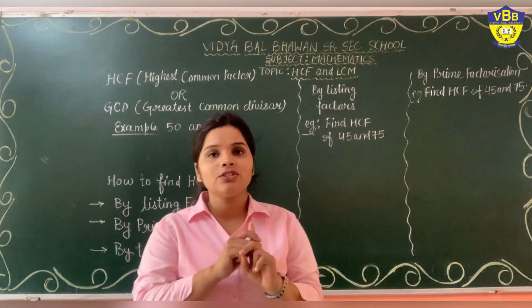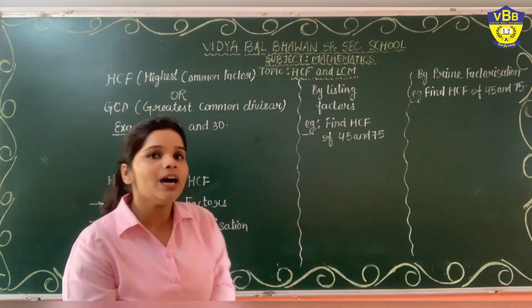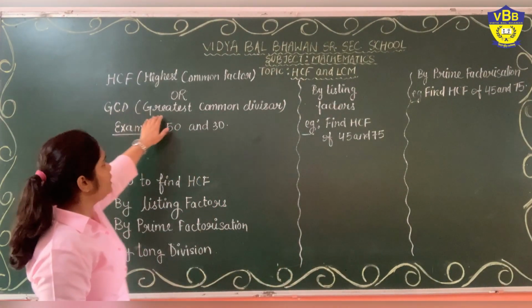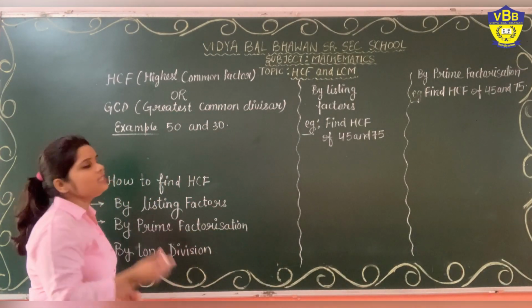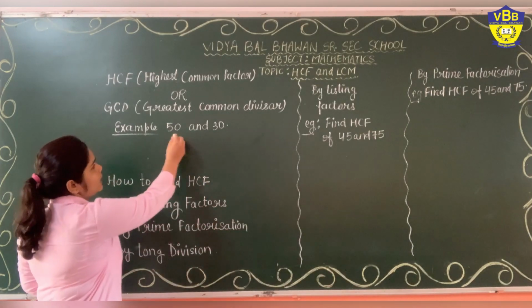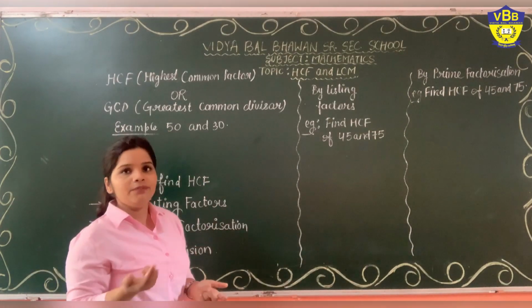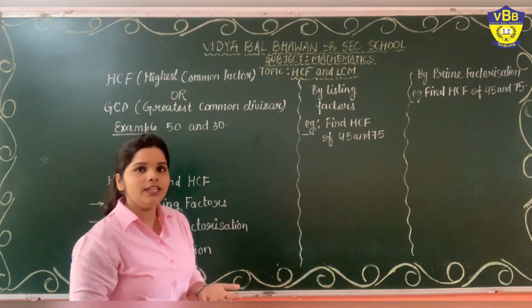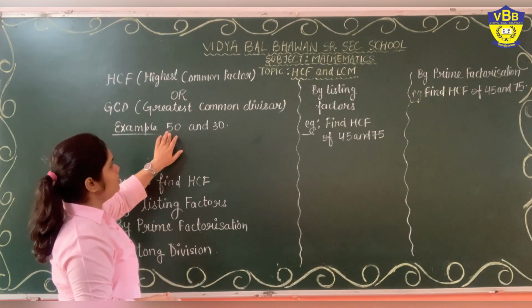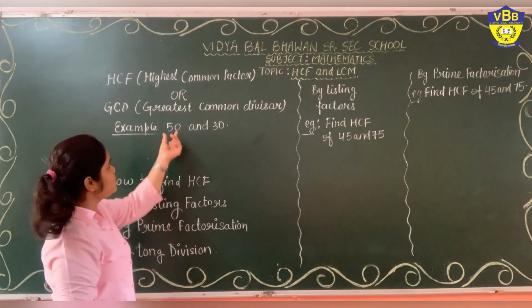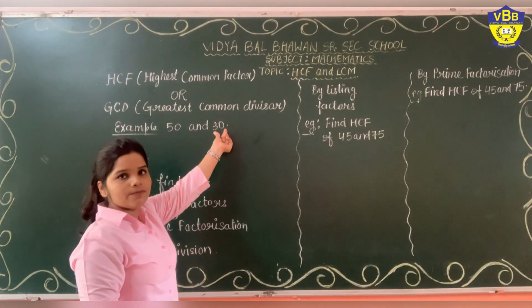Let me explain the term greatest common divisor with the help of an example. We know that a divisor is a number which divides the dividend, or the given number, completely. So what are the numbers which will divide 50 and 30?